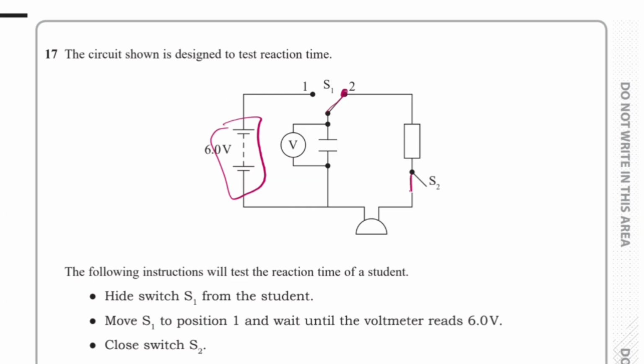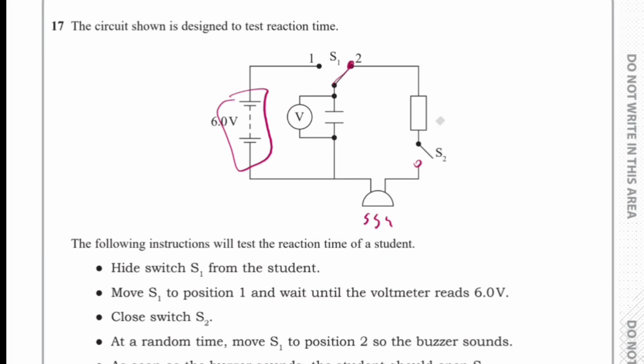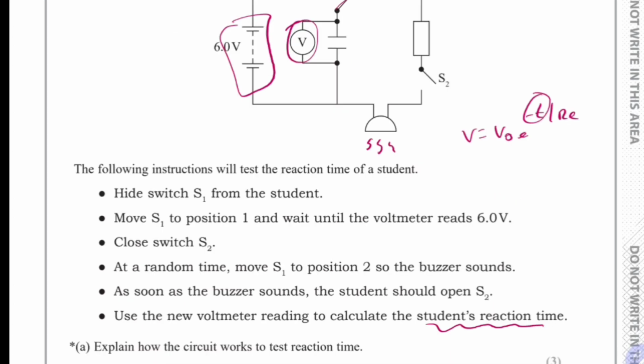When S2 is closed and S1 is also at position 2, the capacitor will start discharging, which will result in the buzzer making sound. When S2 is opened, you will get a new voltmeter reading, which we can use to find the reaction time by using this formula. You can find the t here to find the student's reaction time.